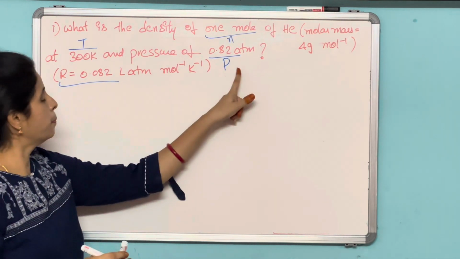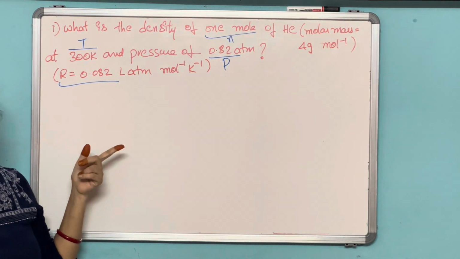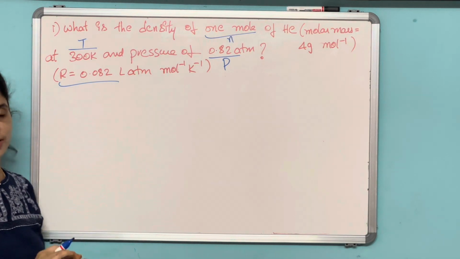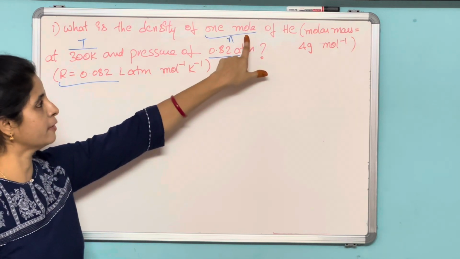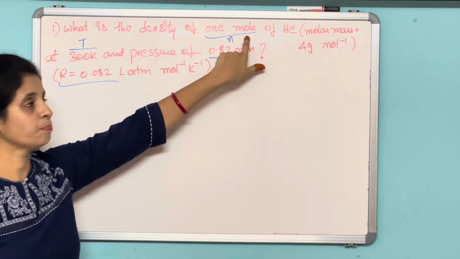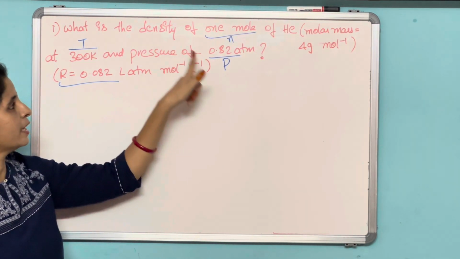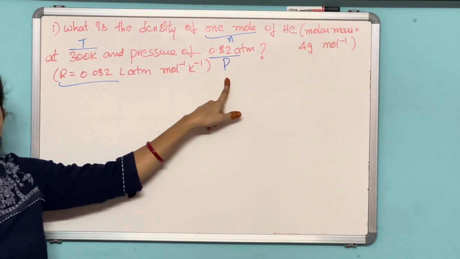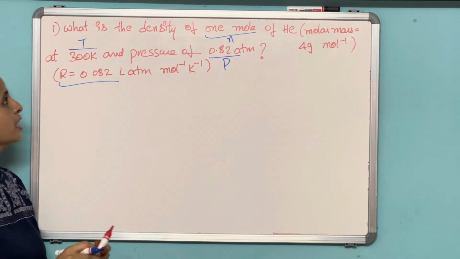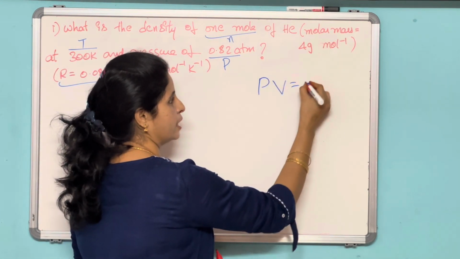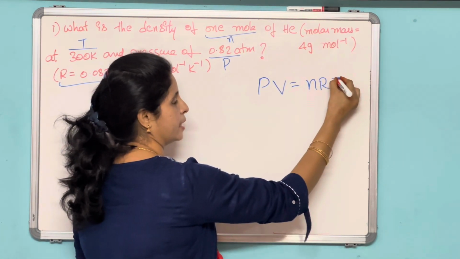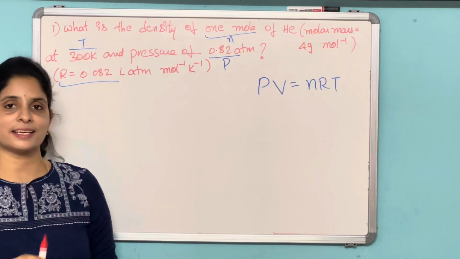Here the data is of the ideal gas equation, and this is density in relation with the ideal gas equation. So what is the ideal gas equation? That is PV is equal to nRT. What are the terms in this ideal gas equation?